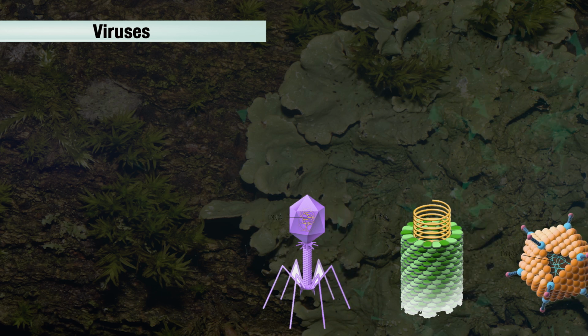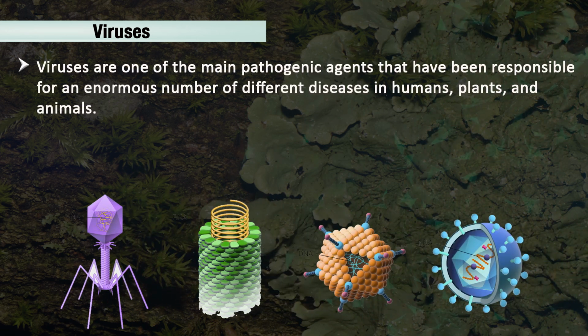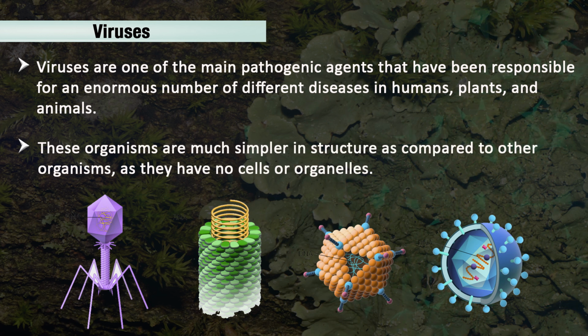Next is virus. Viruses are one of the main pathogenic agents that have been responsible for an enormous number of different diseases in humans, plants, animals, and even in some of the microorganisms. These organisms are much simpler in structure as compared to other organisms, as they have no actual cells or organelles.